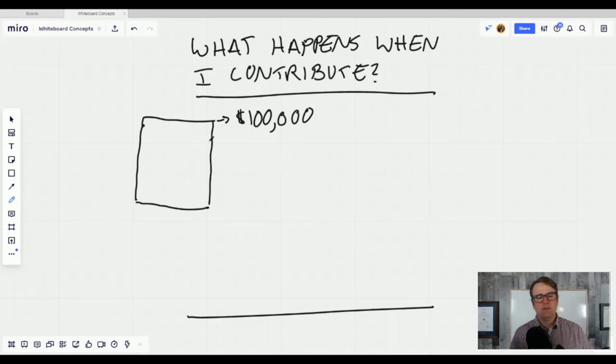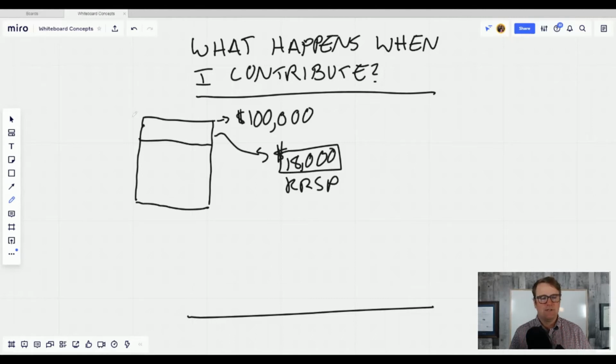If they take the 18,000 and they put it into an RSP, so this is like the RSP bucket, it basically takes that amount off of their salary, so they're not taxed on this last little bit. So basically they're only taxed on the 82,000 that they made under that. So especially in those higher income brackets, it saves a lot of taxes. In the lower ones, not as much, but it does save.